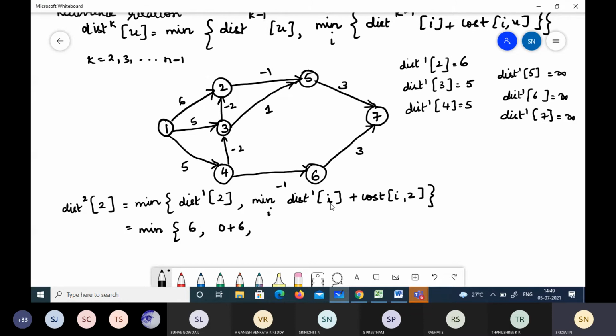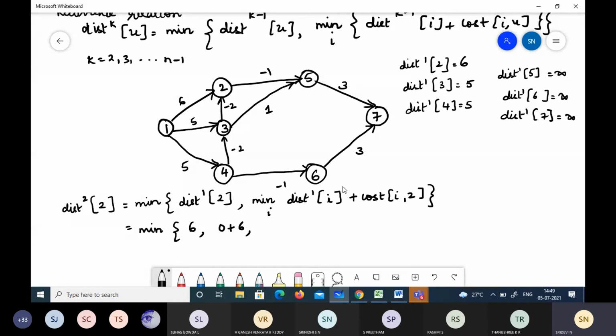Now what about I? I becomes 2 now. Are you getting this? So we will have I from 1 to 2, 6, plus 2 to 2, 0.